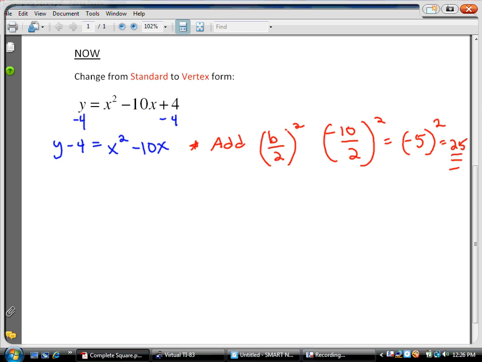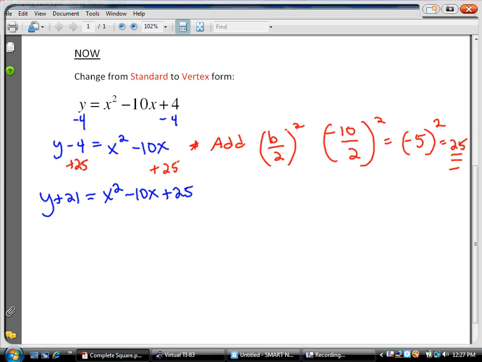That way we're not changing the value of this equation, and everything's going to work out at the end. So if we add 25 to both sides, our new equation looks like y plus 21 is equal to x squared minus 10x plus 25.